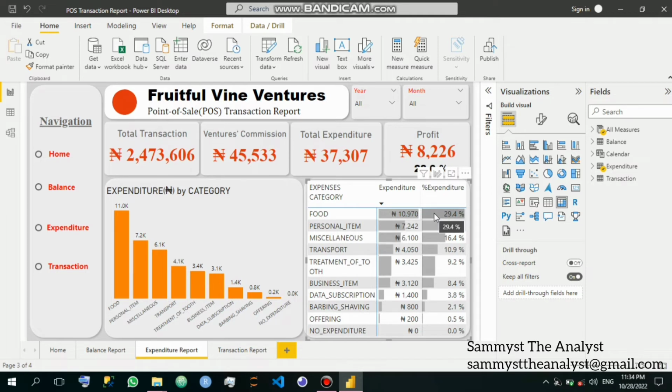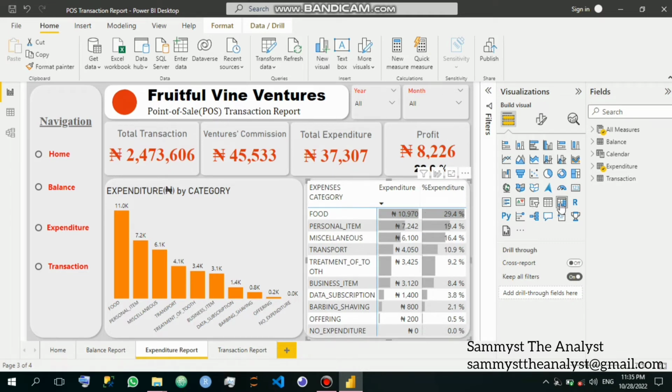What are the percentage and expenditure for each category? Now we can see that food alone took close to 30% of the total expenses, followed by personal items at 19.4%, and then miscellaneous items took 16.4%, and like that too.